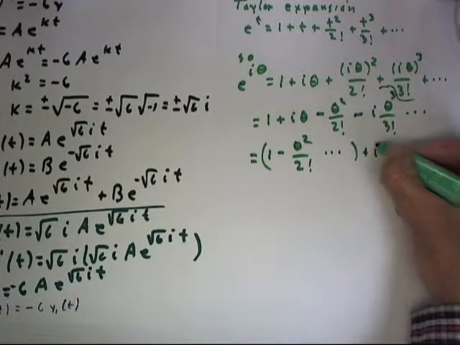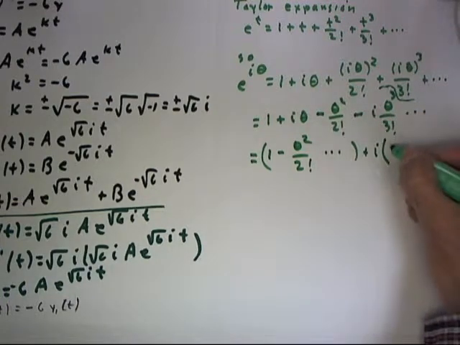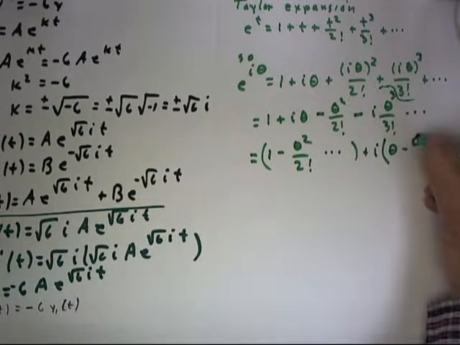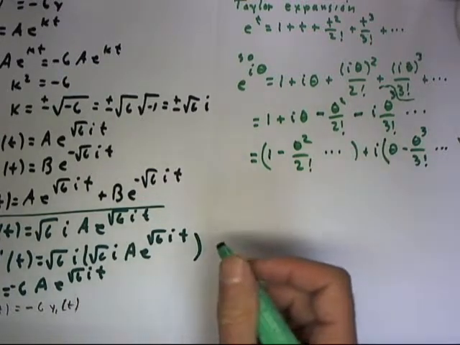I'll leave that to you. But then this will be plus i multiplied by the terms that have i, which is going to be theta minus theta cubed over 3 factorial, and so on.